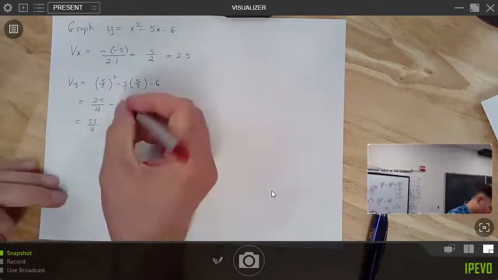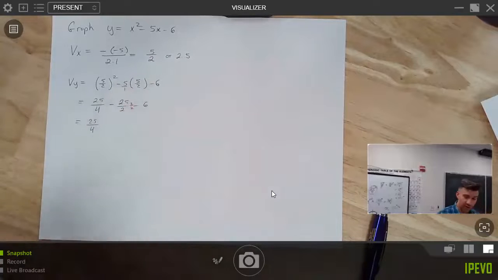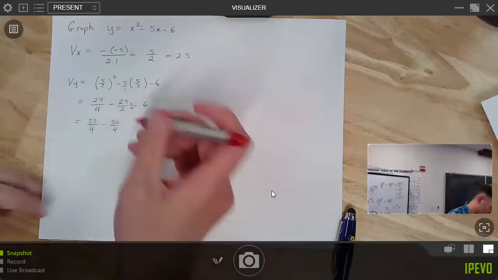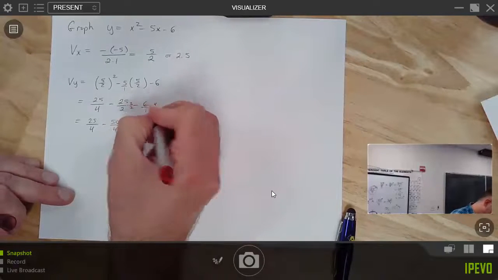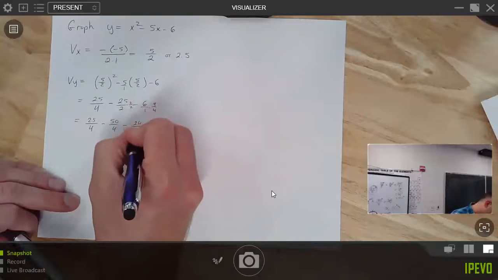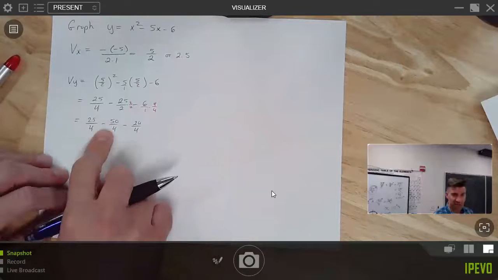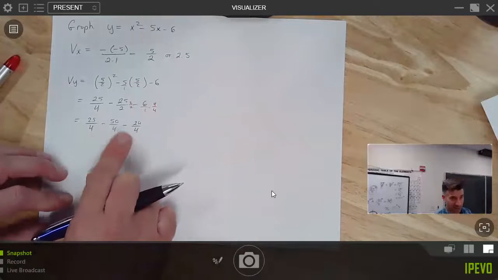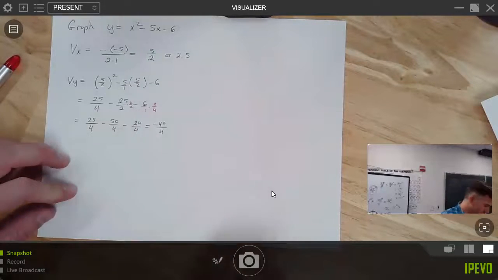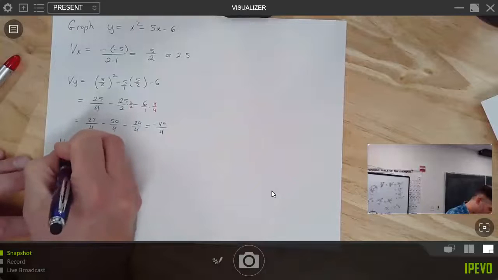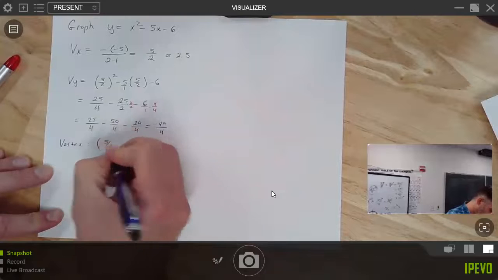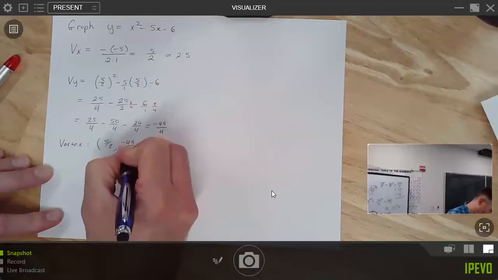I'm going to multiply this by 2 over 2 to get 50 over 4. Multiply 6 over 1 by 4 over 4 to get 24 over 4. So 25 minus 50 is negative 25, and negative 25 minus 24 is negative 49 over 4. So my vertex here is 5 halves, comma, negative 49 fourths.